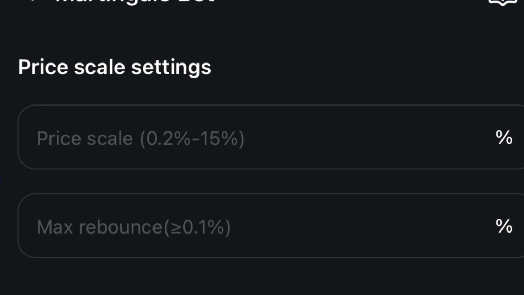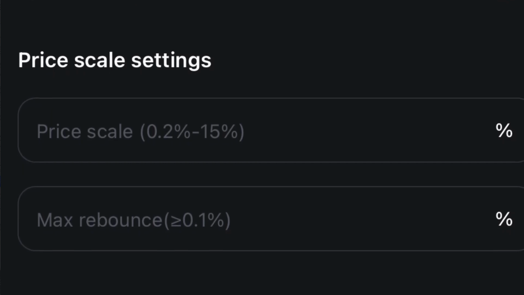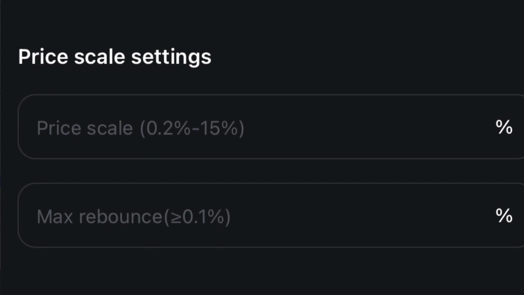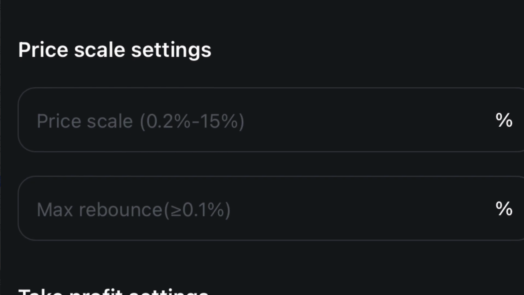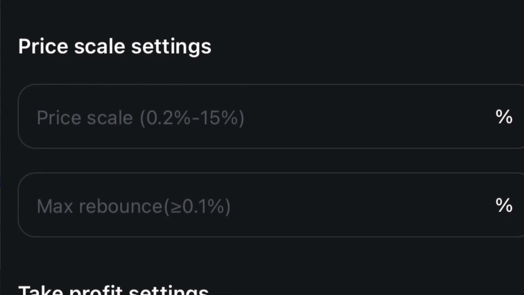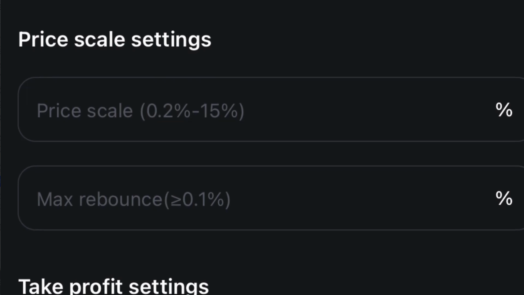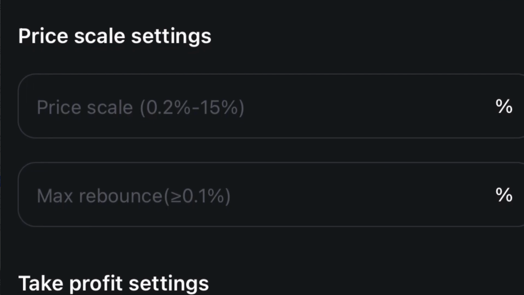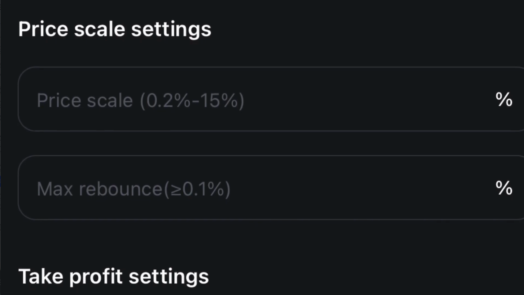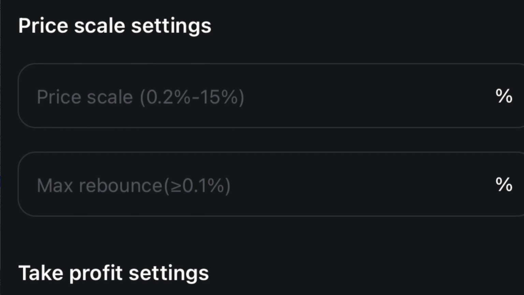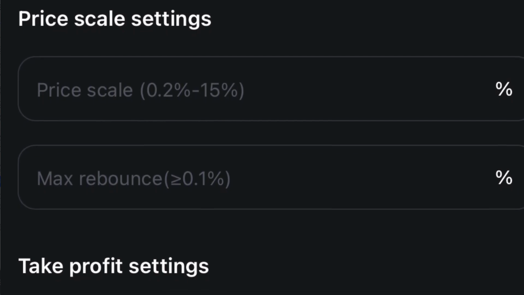I'm going to say that again. On the trailing martingale, the first price scale setting determines how often you want the bot to buy when the price drops. You could say, I want the bot to buy every 1% it drops.